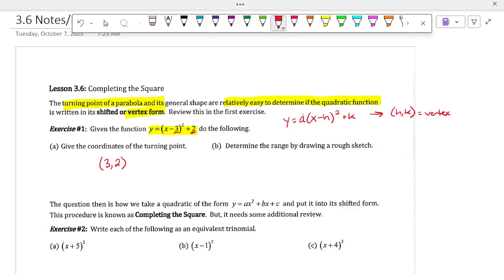Now, the range of the graph, so the y values. First off, if we do a rough sketch of this parabola, our a value is positive because there's nothing there. So that means our graph is going to be opening up. So 3, 2 would be something like right here, and then it'll look something like this.